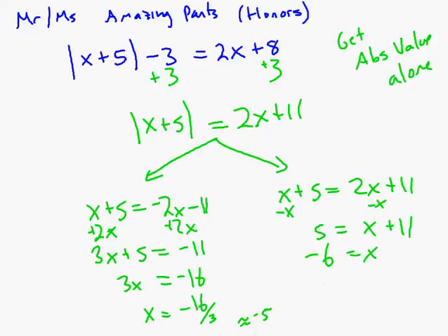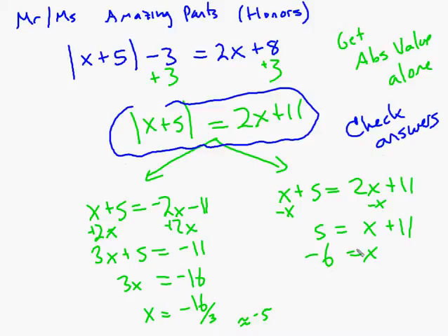Okay. When we have x's on the other side with an absolute value, we must check the answers to see if they actually work. If I put in negative 6, and I'll just go back up to here, I'll have absolute value negative 6 plus 5, which is absolute value negative 1, which is 1.